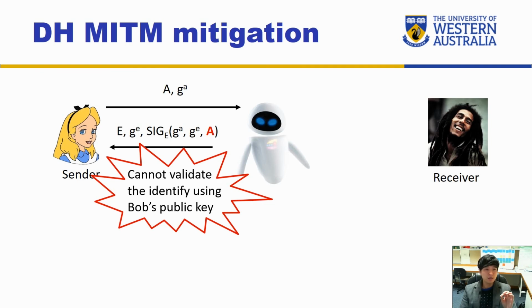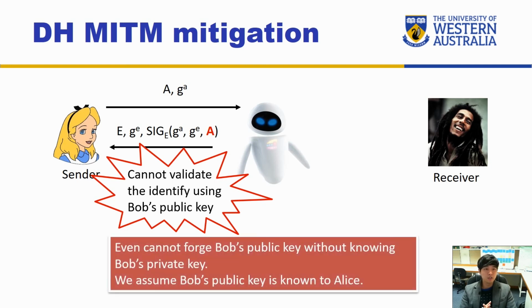So from here you can detect that somebody else has used the sent details and sent them back. So you're not talking to Bob anymore. Eve cannot forge Bob's signature without knowing Bob's private key.